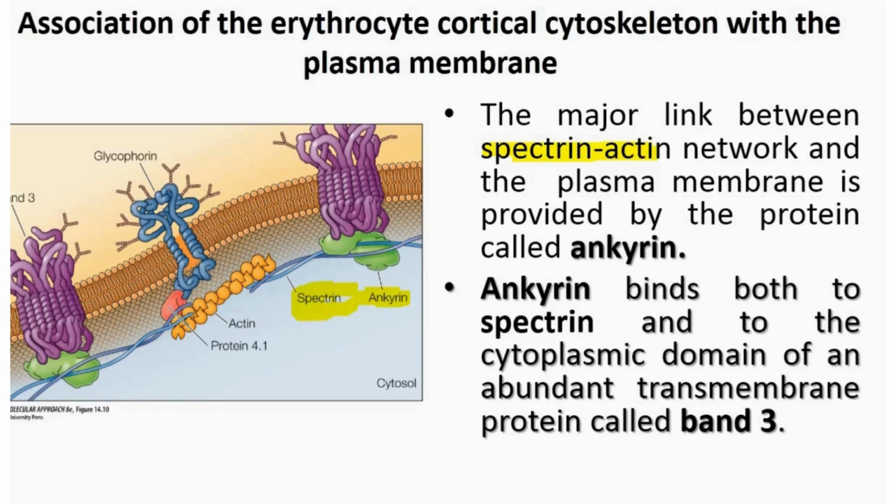Ankyrin binds to both spectrin and the cytoplasmic domain of an abundant transmembrane protein called band 3. So there you have the spectrin-actin network, and ankyrin binds to both spectrin as well as band 3, a transmembrane protein.